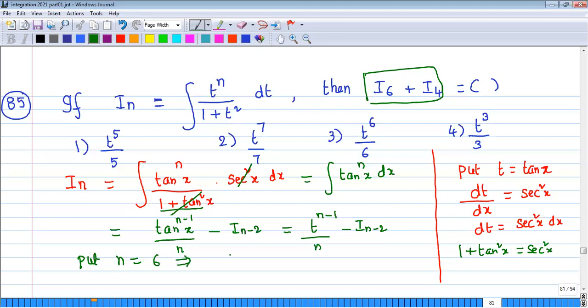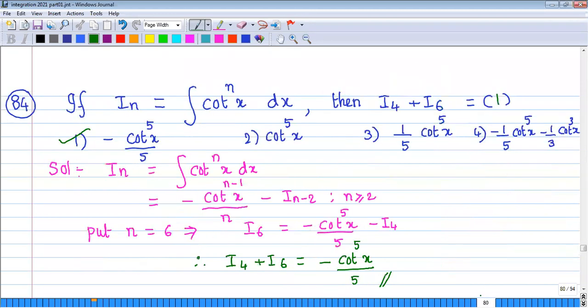So we get I6 equals t to the power of 5 upon 5, minus I4. Sorry, this formula is n minus 1, right. So therefore I6 plus I4 equals t to the power of 5 by 5.